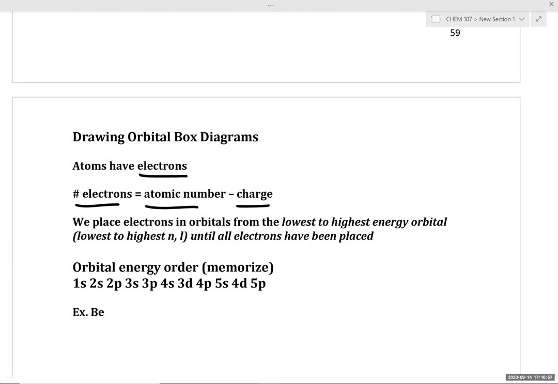So for example, if we were looking at just neutral magnesium, what would magnesium's atomic number be if we're looking at the periodic table? 12, okay.